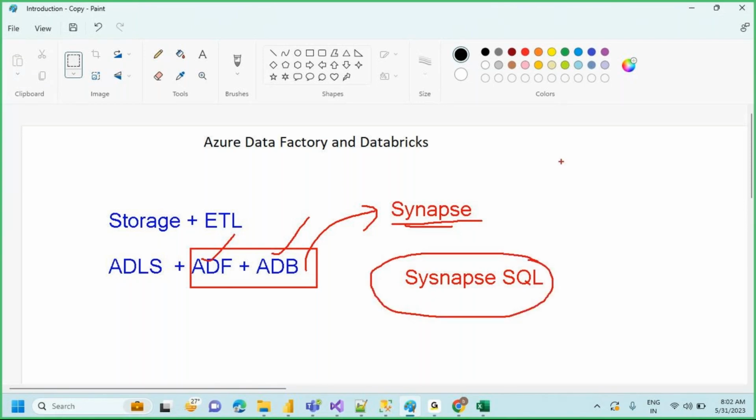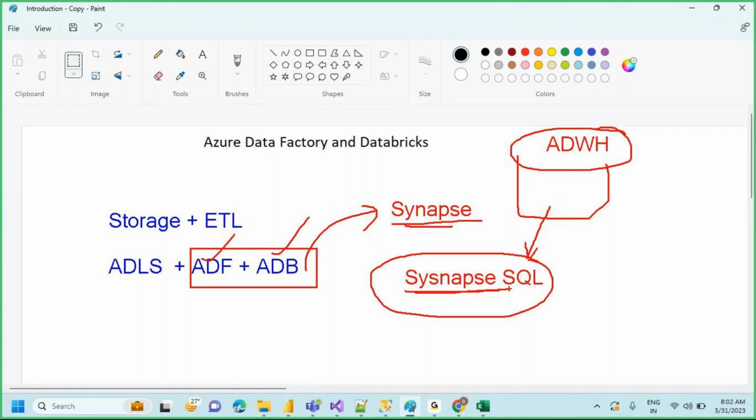Synapse SQL is to read the data from the Synapse database. I mean to say, I told you, right? Data warehouse, Azure data warehouse. So this is a Synapse database. We can also call this a Synapse database. To read the data from here or to create a table here, we need to have Synapse SQL.